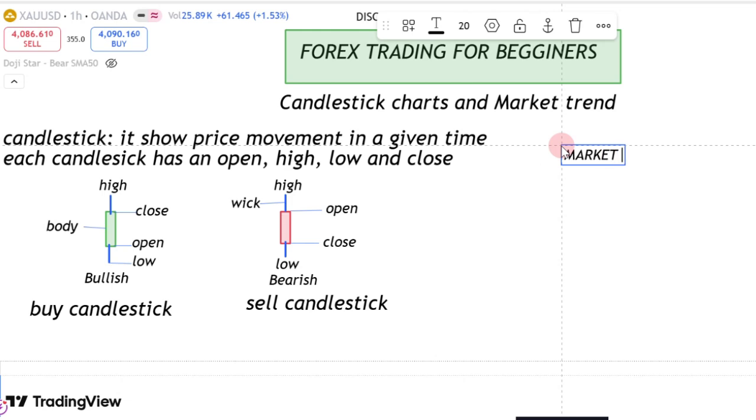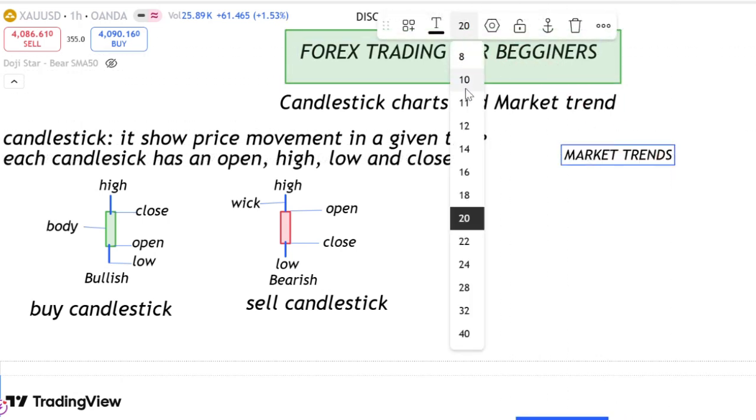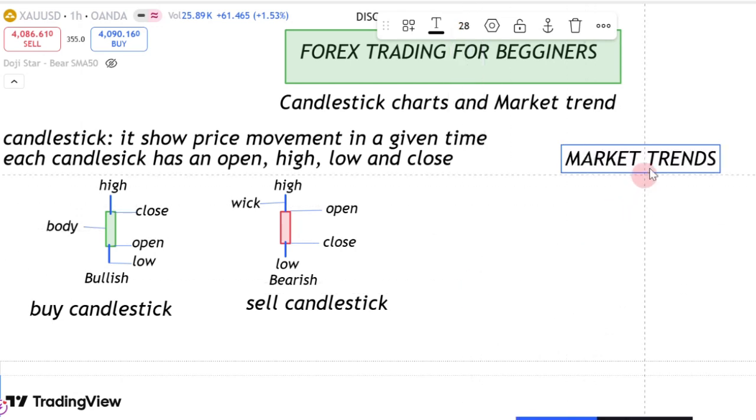Market trend is knowing the direction of the market. You have to know whether the market is going bullish or bearish.